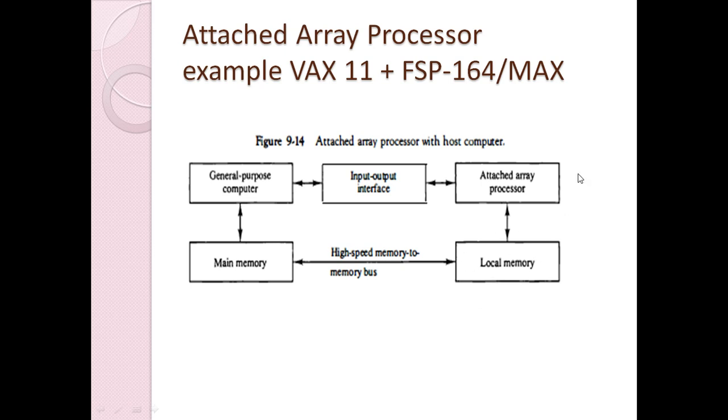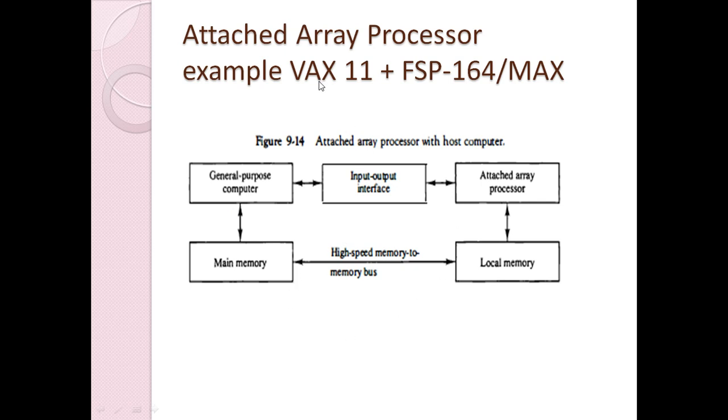Here is a local memory of attached array processor and here is the main memory of your general purpose computer. These two memories may also communicate. That means some data can be sent to main memory from local and from main to local also. This attached processor communicates with its own memory and this general purpose computer communicates with its main memory. So this is how the arrangement is done.